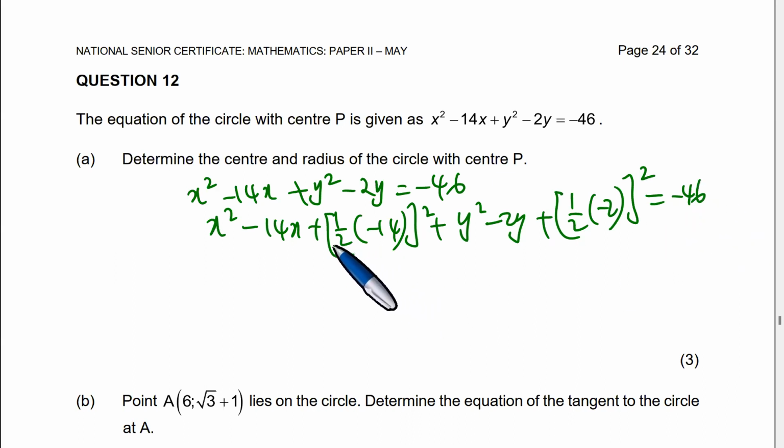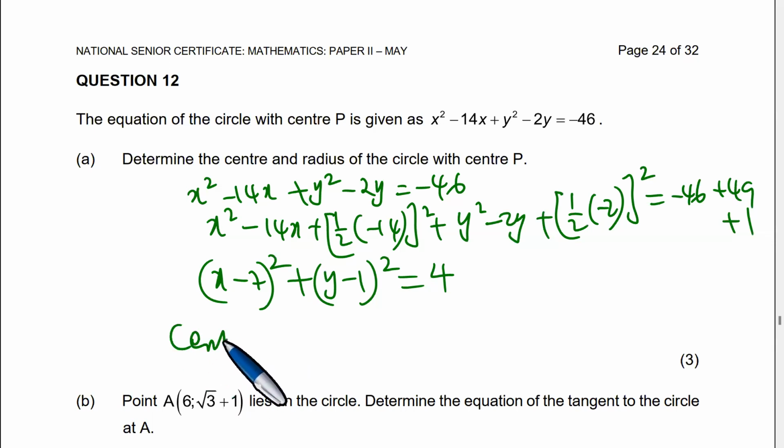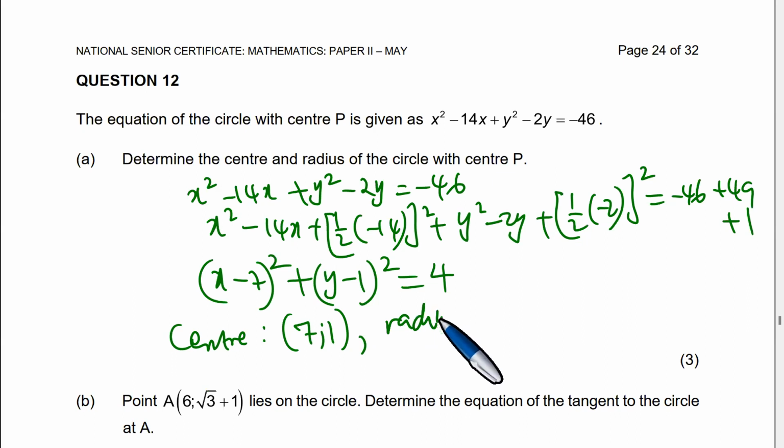So you have the half of minus 14 squared is 49, plus 1. So y minus 1, this is 4. Okay, look, what is the center? So you can say the center is the coordinates 7 and 1, and the radius is 2 units.